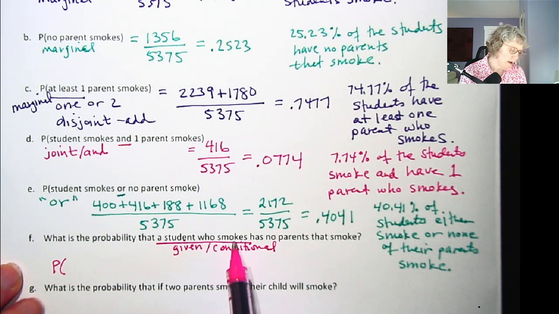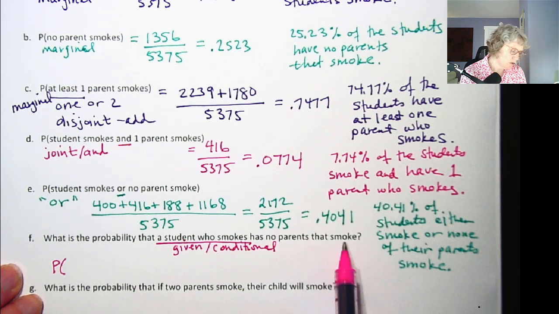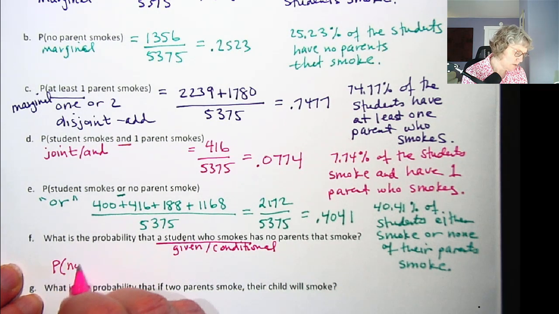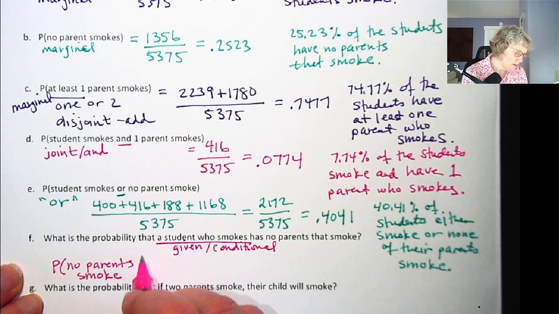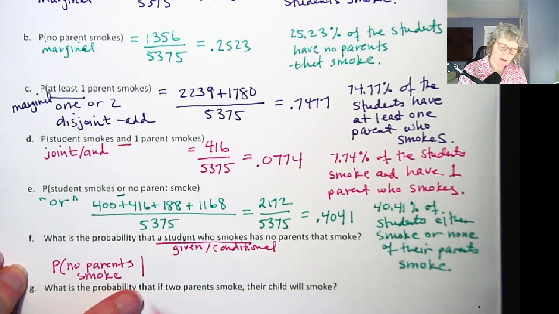So let's write out our probability statement. Probability that, and the probability we want is that no parents smoke, given, and if you're typing, this vertical bar is on the keyboard. It's usually right above the enter key, and you have to hit shift to get it.